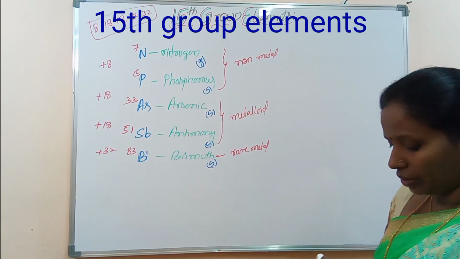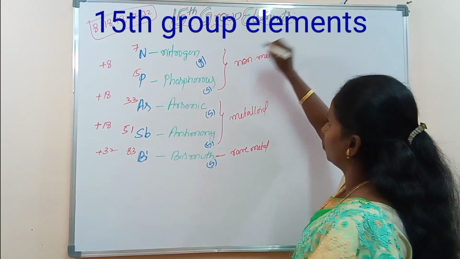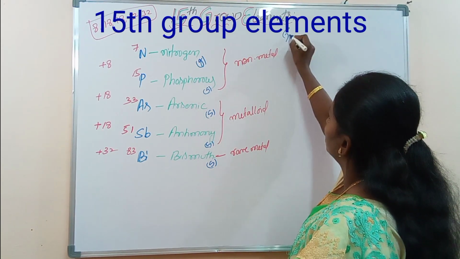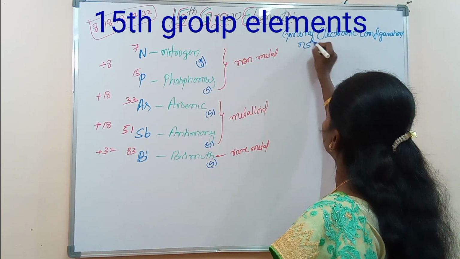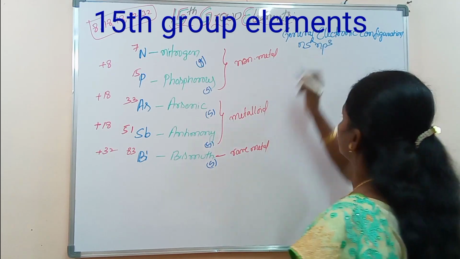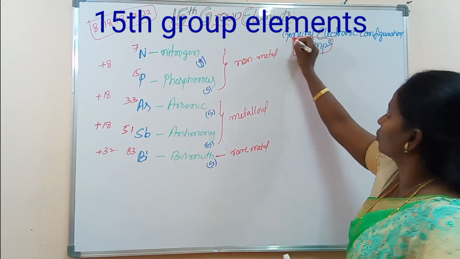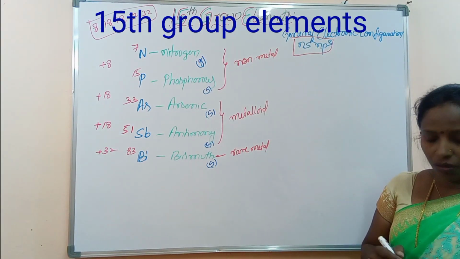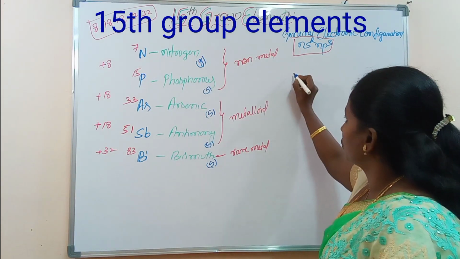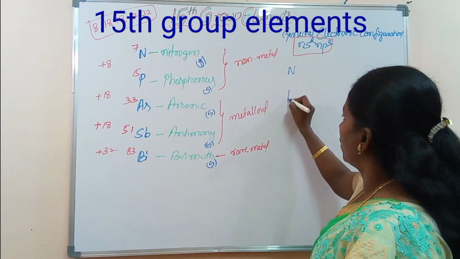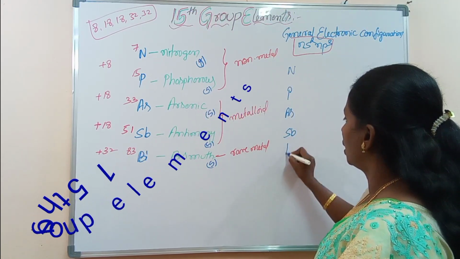Then we know the general electronic configuration for the 15th group elements: nitrogen, phosphorus, arsenic, antimony and bismuth.